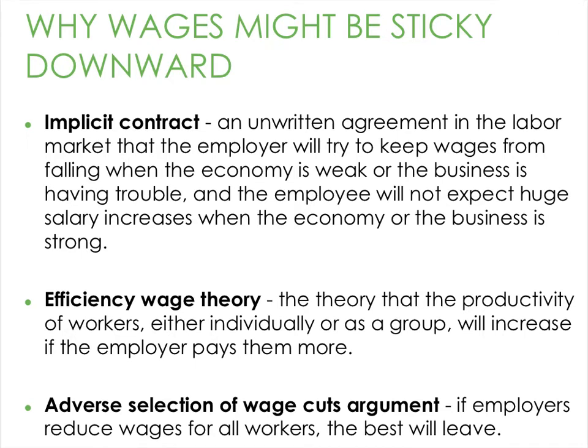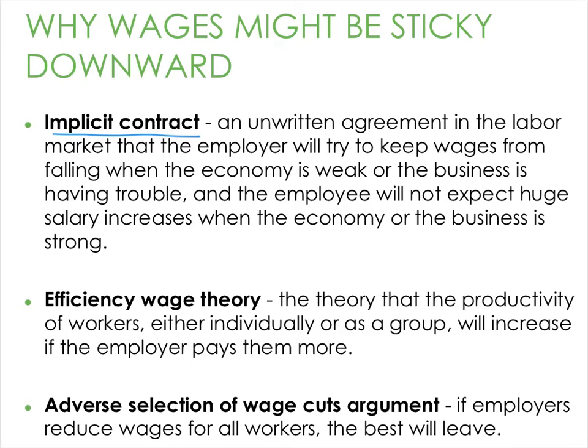So if we consider that people like stability, then we can agree that it might be the custom in an economy for the employer to offer pretty stable contracts so that you don't experience a big upswing or downswing in your wages, right?